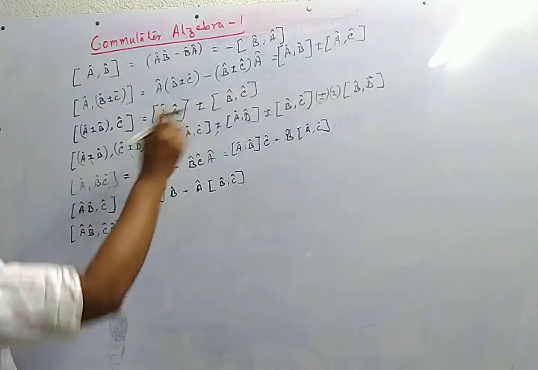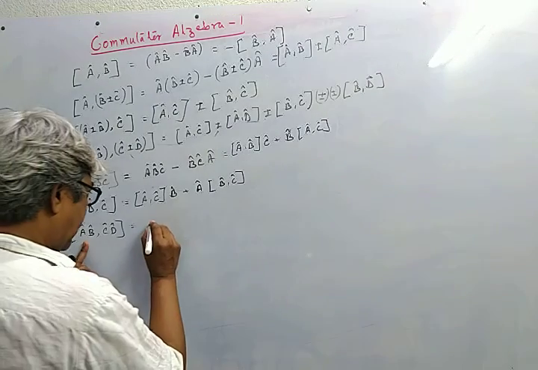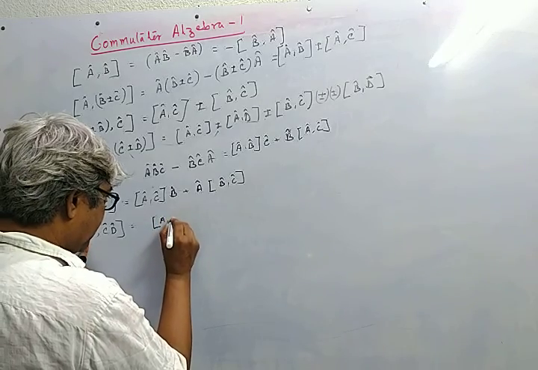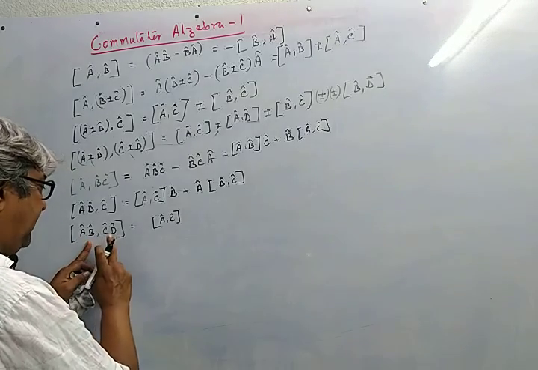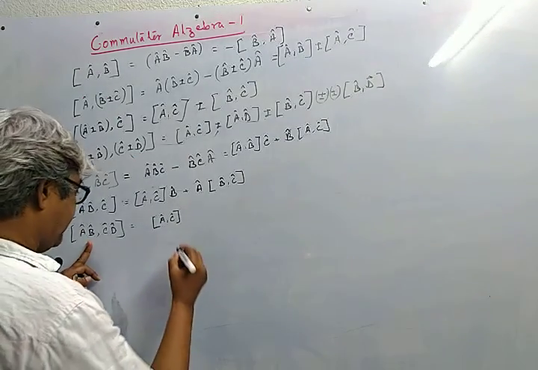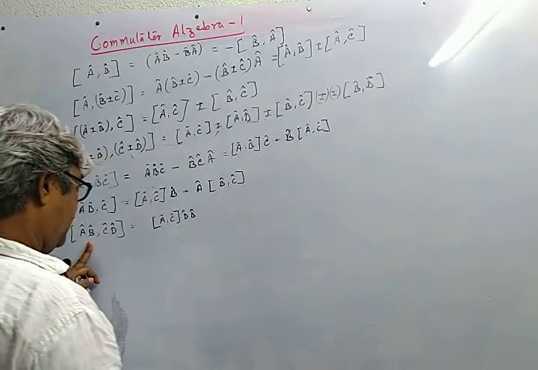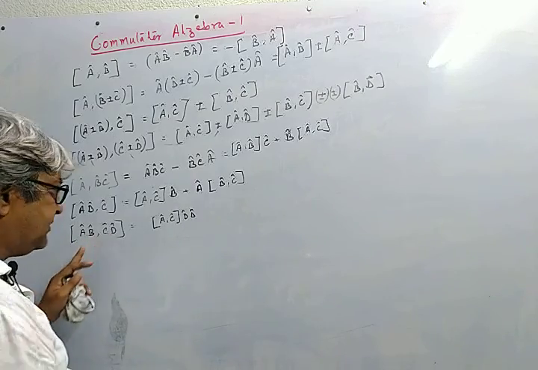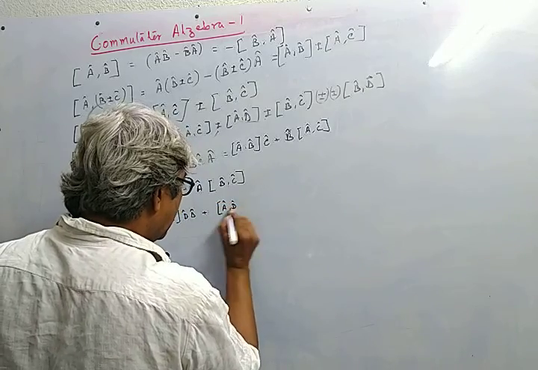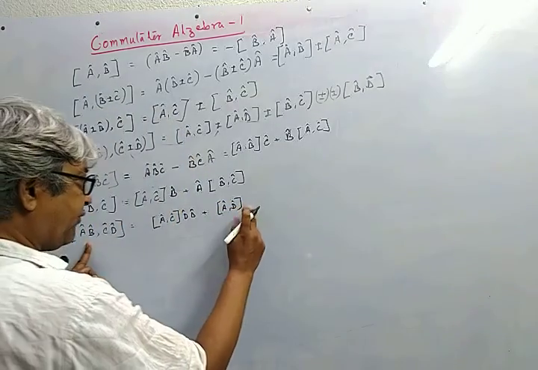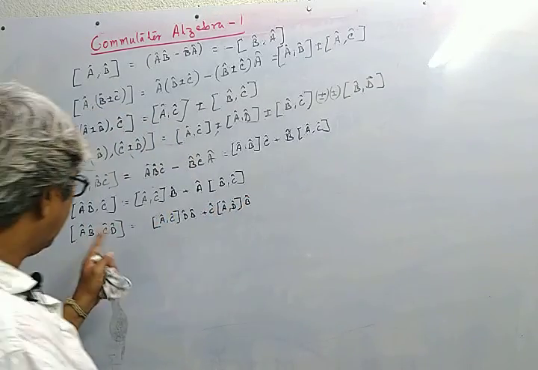We can derive it in this way, but I am just writing the result. First, A will commute with C. Then when A commutes with C, B and D appear, both from the right, so it will be DB. Then A commutes with D, B will appear from the right and C will appear from the left. Then B commutes with D.